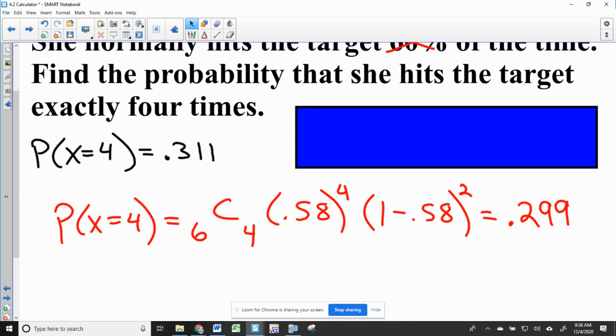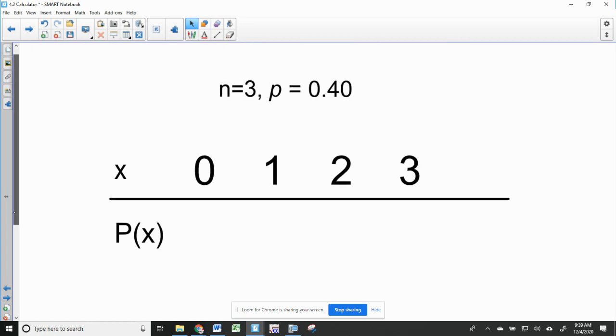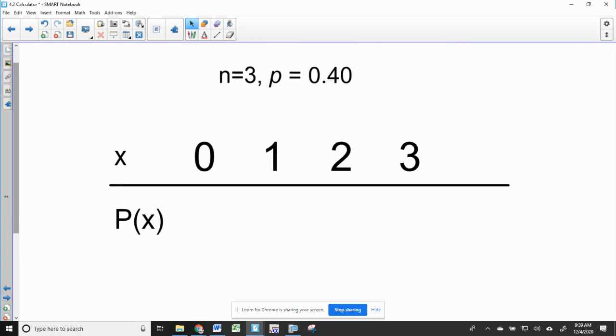Now, honestly though, for some of these, if it's something like that, it's just as easy to look in the chart. Or consider this one for a second. Let's say n is 3, p is 0.4. Fill out that whole chart. To do that on the calculator, what would you have to do?